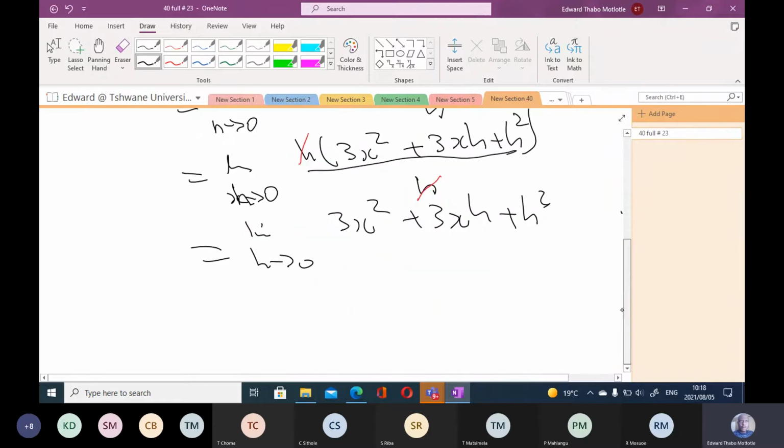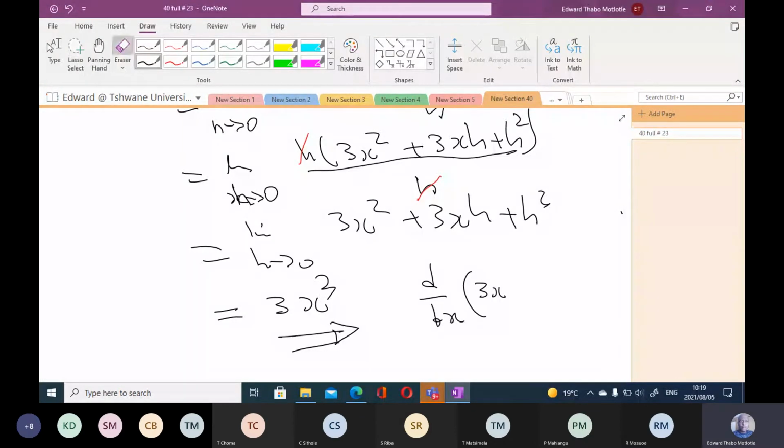So this is our answer here. This means the derivative of x to the power 3 is 3x squared, in shorthand notation, so that we can remember what we were doing here.